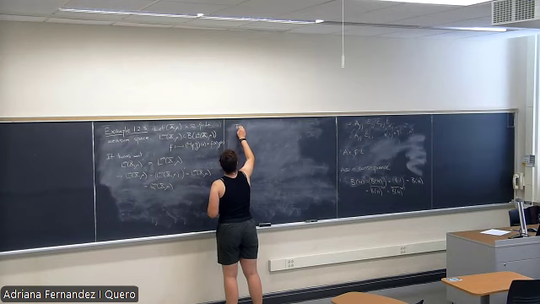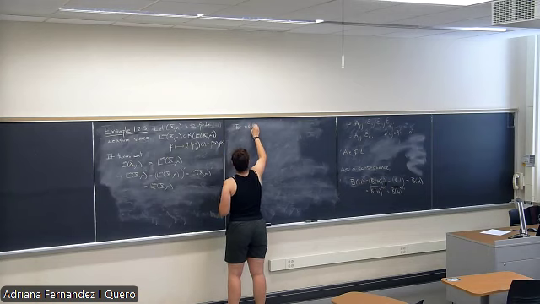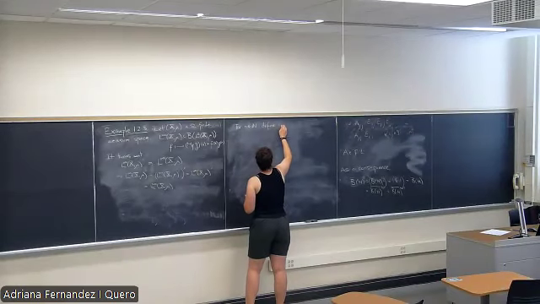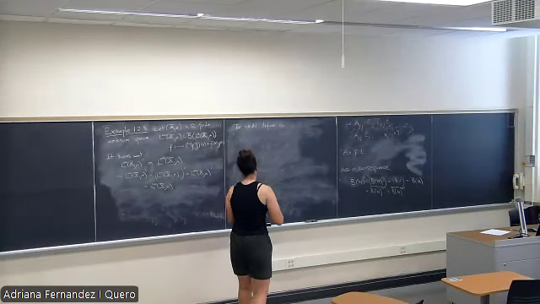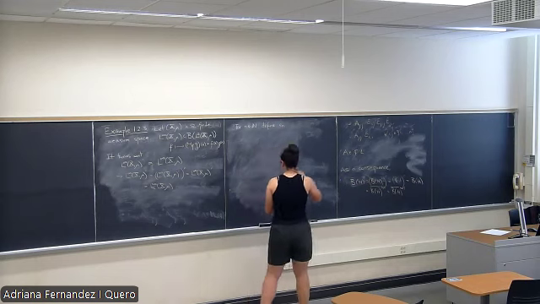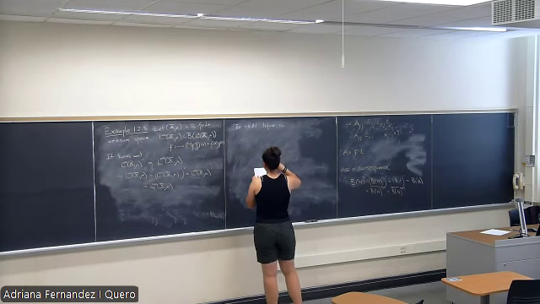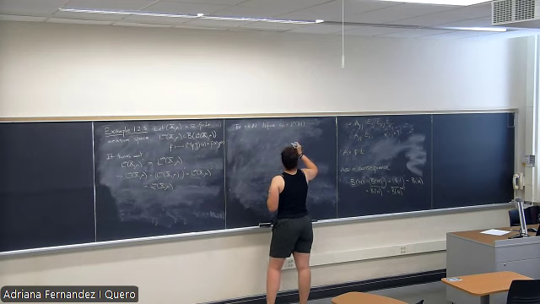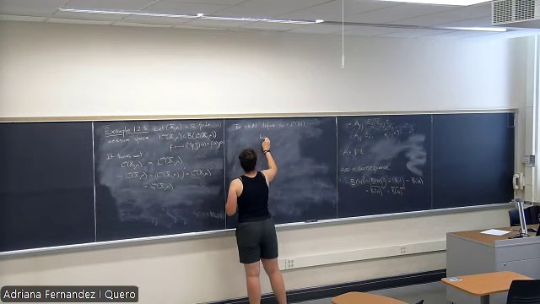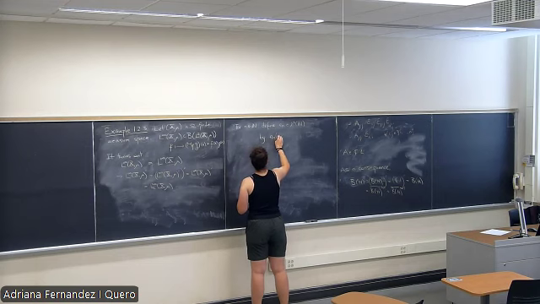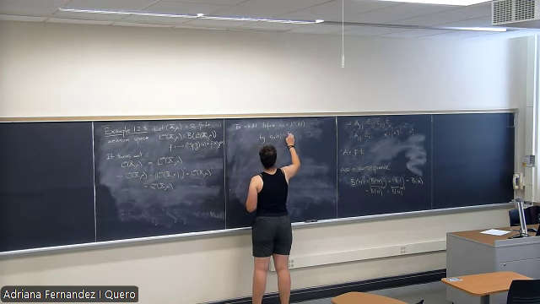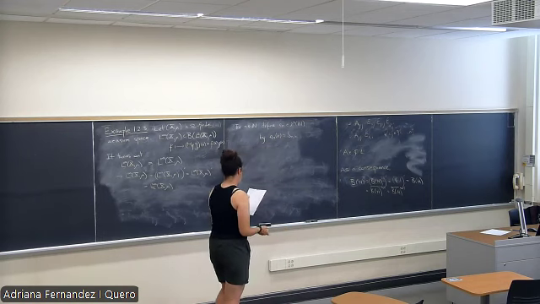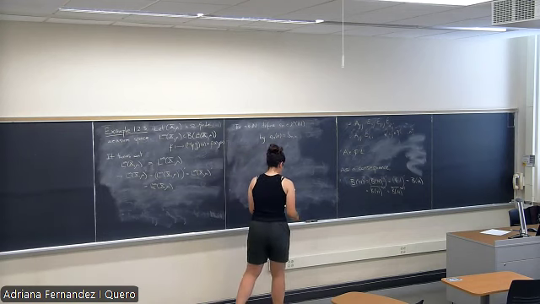So if you take any n in the natural numbers, you can define an L infinity function by the following: E_n(k) is delta_nk. So if k equals n it is 1, otherwise 0.